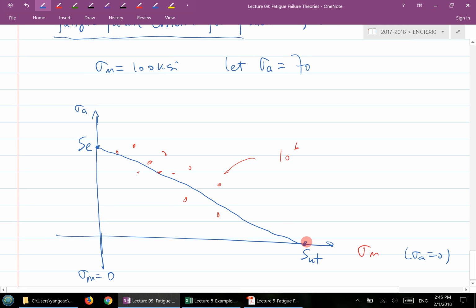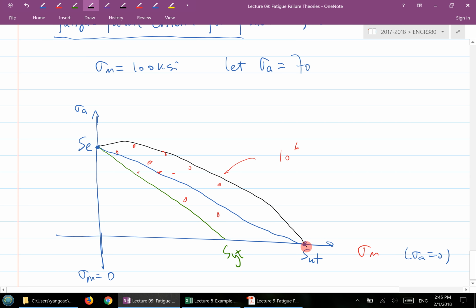So this is the first curve fitting that can be used, and the second one is a little bit conservative. It connects SE and SYT here. That's the second one. And then another type, instead of using a straight line, is to use a curve. So from here, it's a curve connecting SE and SUT.